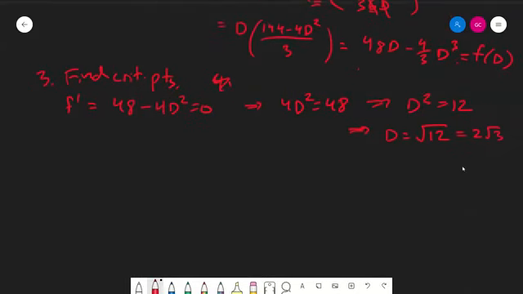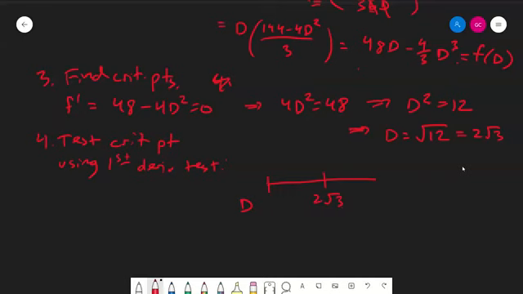All right, now let's test that critical point using the first derivative test. Remember, that means we take our critical point and put it on a number line. Again, since d is a depth, there's a clear lower bound. Clearly, we don't want any depth less than 0.